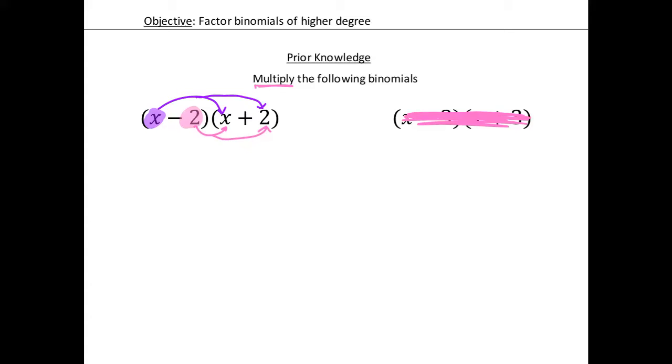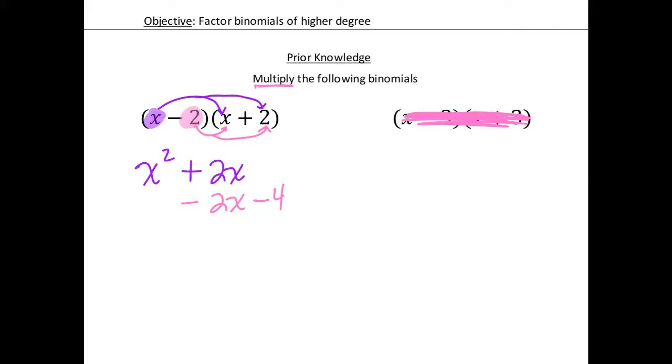If I take the x and I distribute, x times x is going to give us an x squared, right? And then x times 2 is going to give us a positive 2x. And then with the negative 2 times x, that's going to be a negative 2x. And then negative 2 times 2 is going to be negative 4.